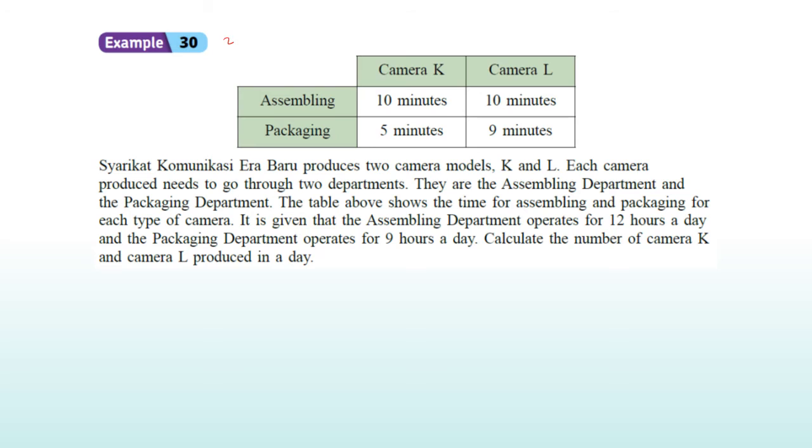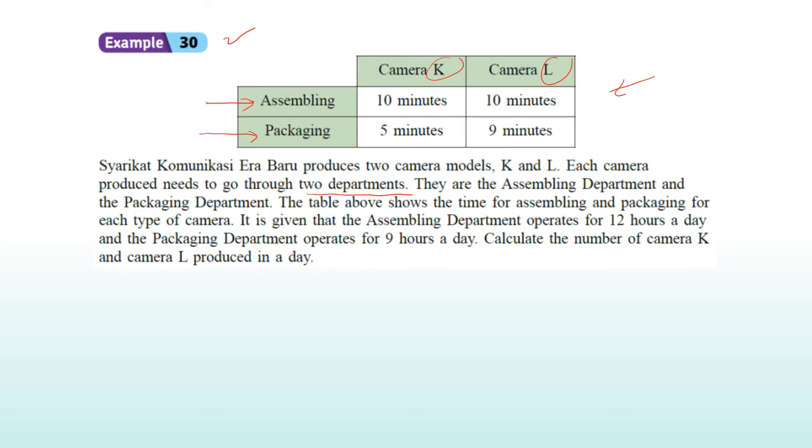Okay, example 30. You have this table. A new era communication company produces two camera models, that is K and L. Each camera passes through two departments, that is assembling and also packaging. So the above shows the information.